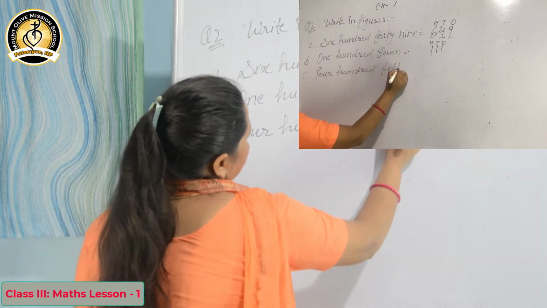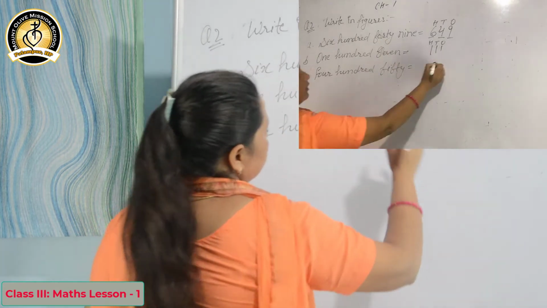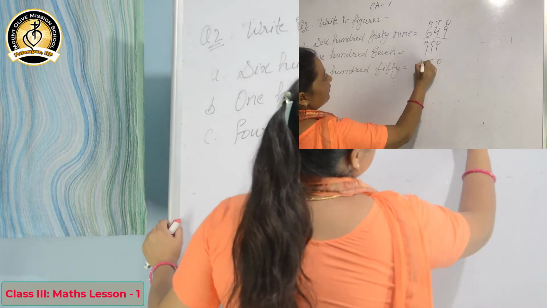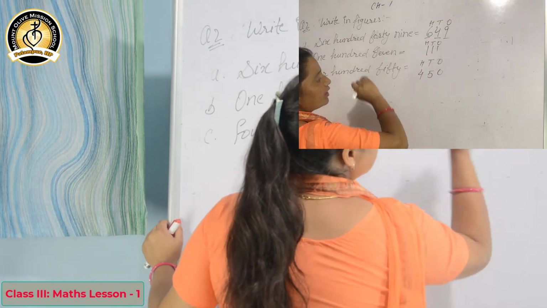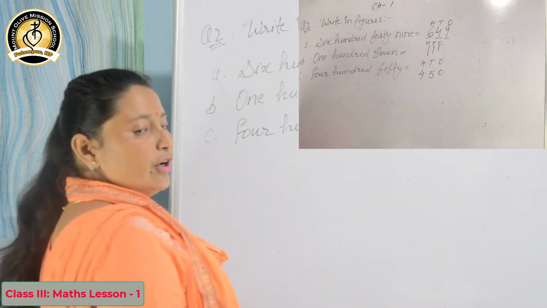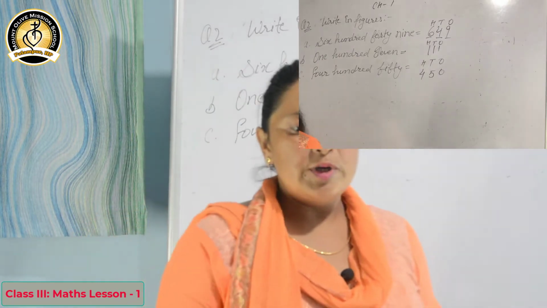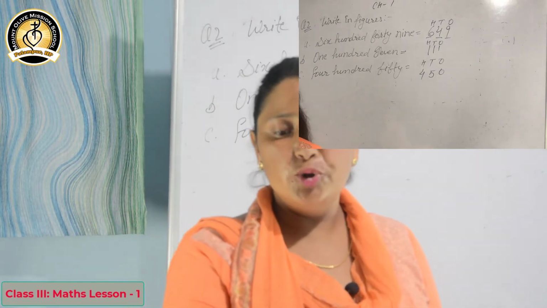Same as before, with ones, tens, hundreds: 400, 5 tens, 0 ones, so 450. Next, part D is 202.